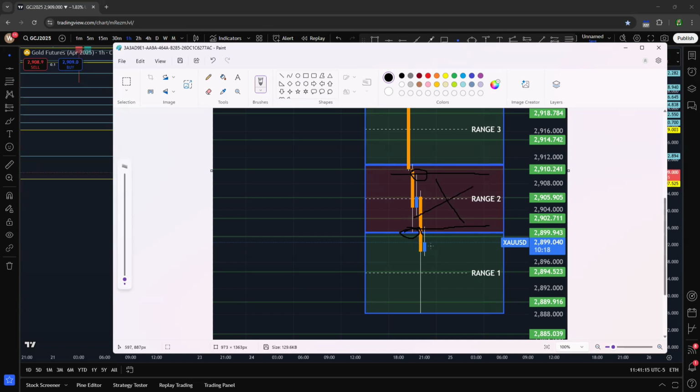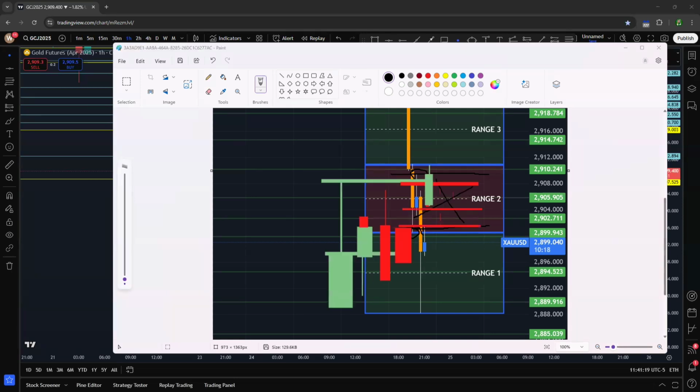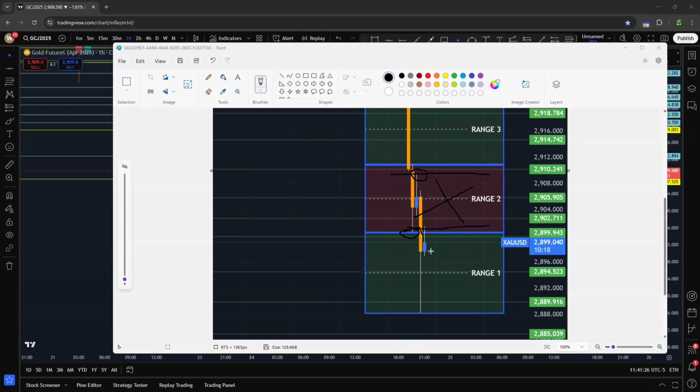You want trades here. The only time you can have trades in here is if you now, right? If you now get a bullish closure and then you create range two.